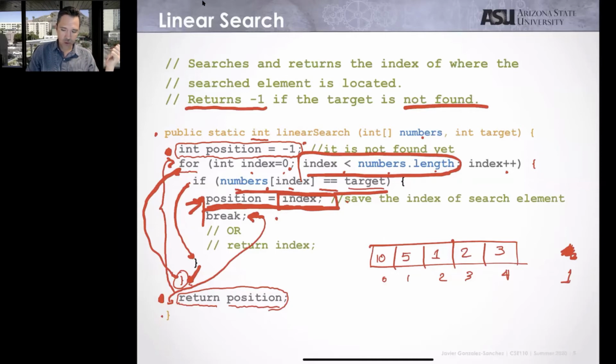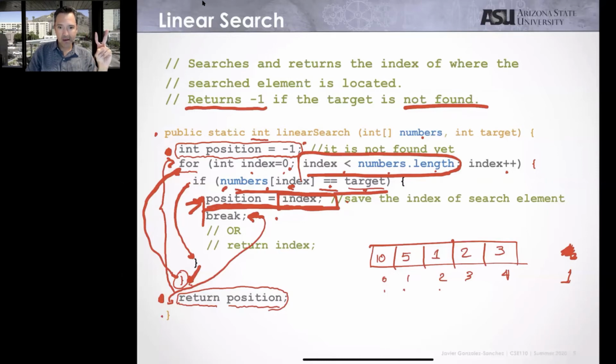Because it's going to run with the 0. It's going to run with the 1. And when it's running with the 2, this condition, numbers in the position 2, that one is 1, equal to target. Target is 1. 1 equals 1. True. If the condition in the if is true, position is going to be equal to index. So position is going to be equal to 2.